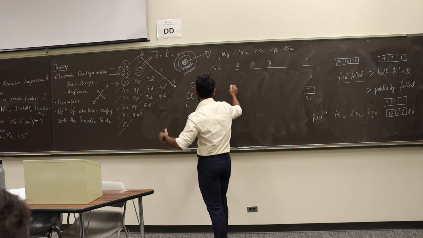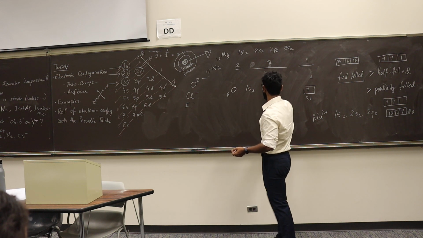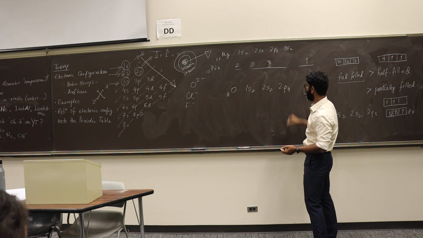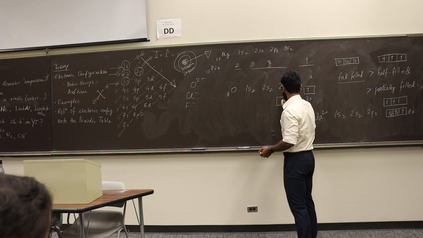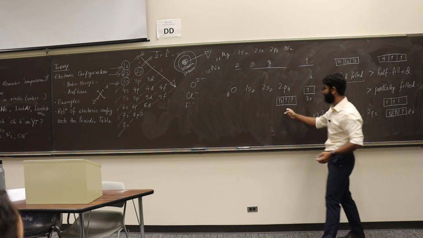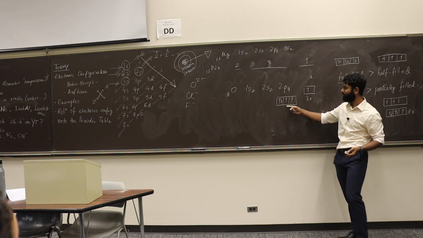So let's start with O. So this is 1s2, 2s2, 2p4, right? So this is 2p4. We're just concerned about this. So 2p4 looks something like this. What do you need to make this more stable?